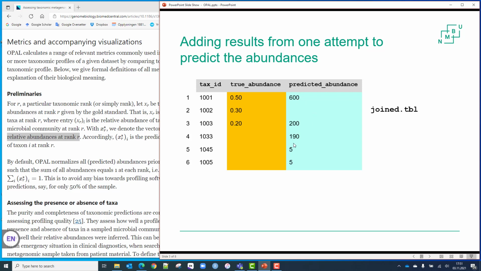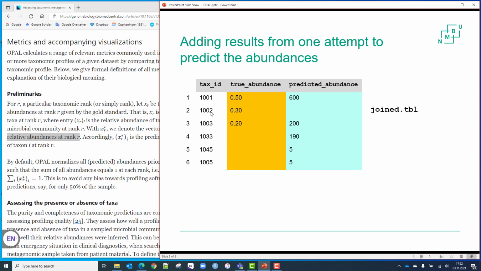We also notice these are not relative values like it is here. These are probably read counts or something. We should turn this into relative values. We will see. And also, we see there are some holes in the table, because these 3 taxa were not in the gold standard, so there are some empty cells here.